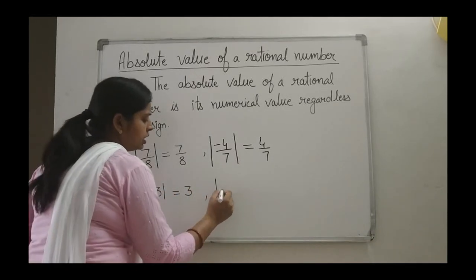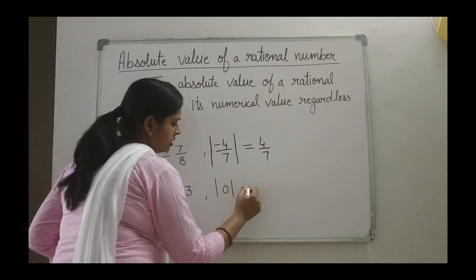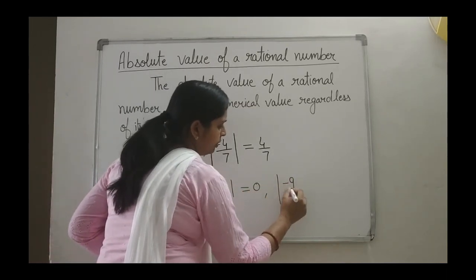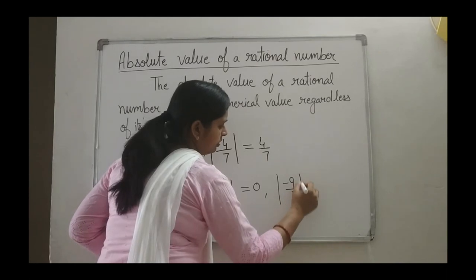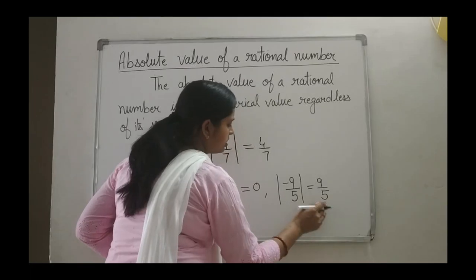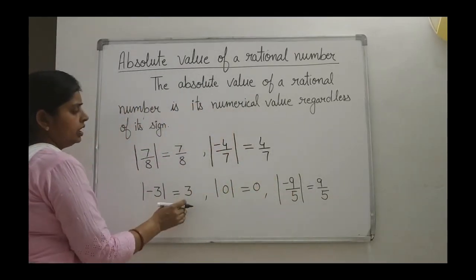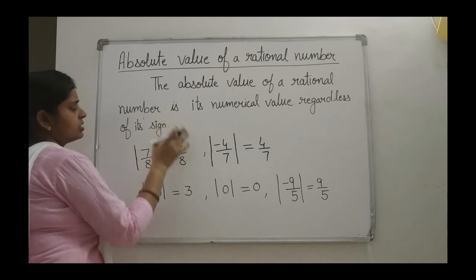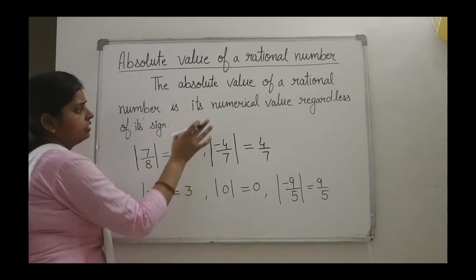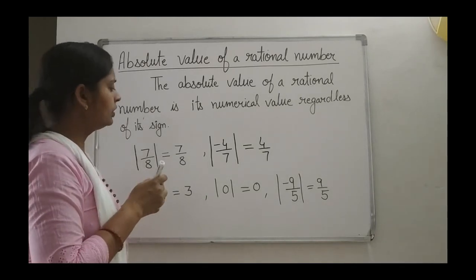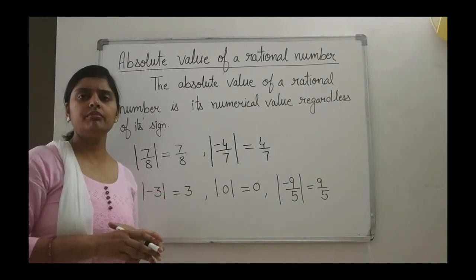The absolute value of 0 will again be 0. The absolute value of minus 9 upon 5 will be equal to 9 upon 5. So your result will not have any sign. It will be a number without the sign, regardless of its sign, meaning there will be no sign on the rational number. Okay, thank you.